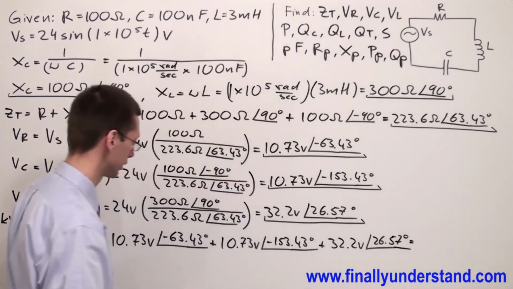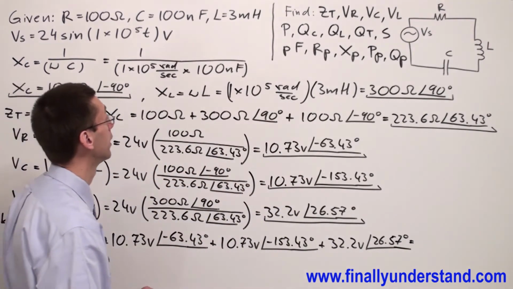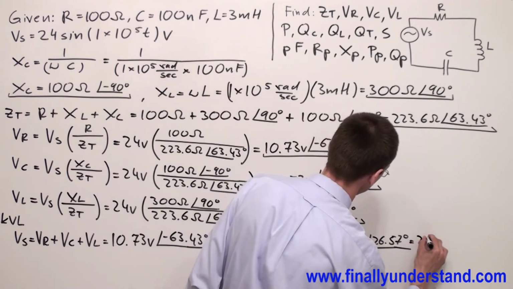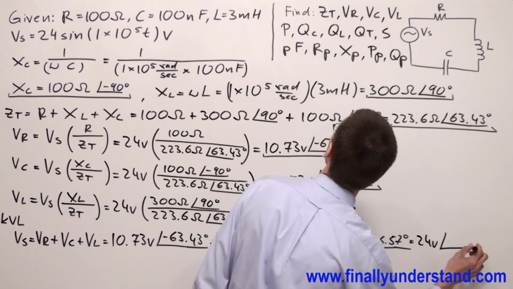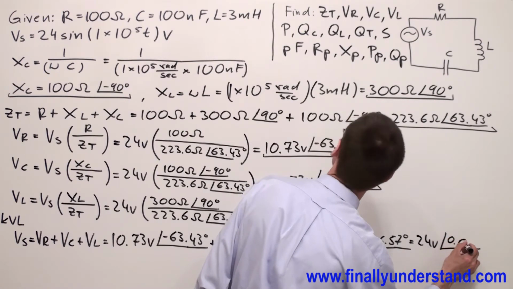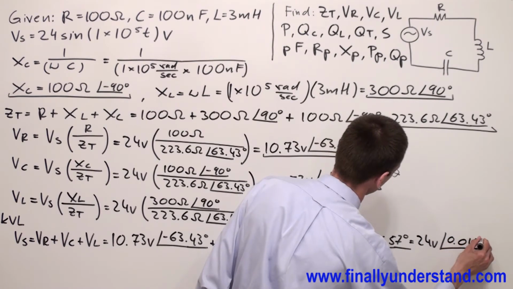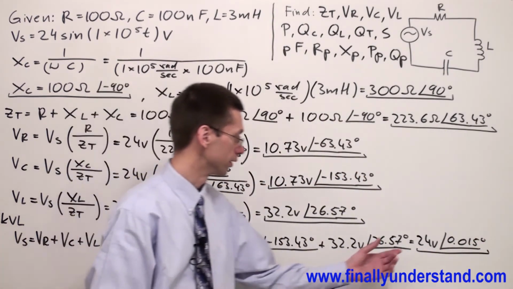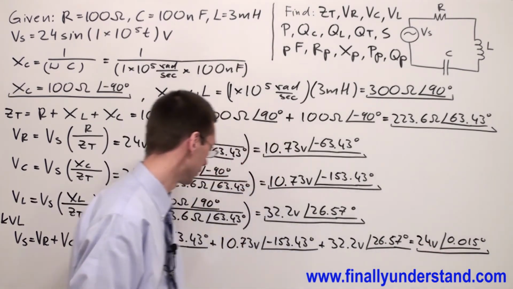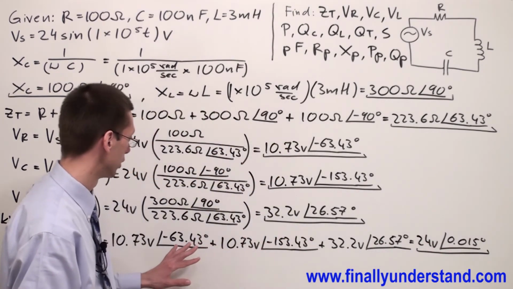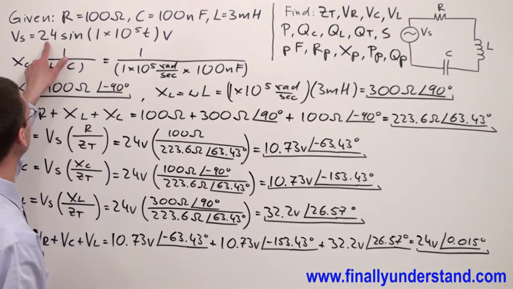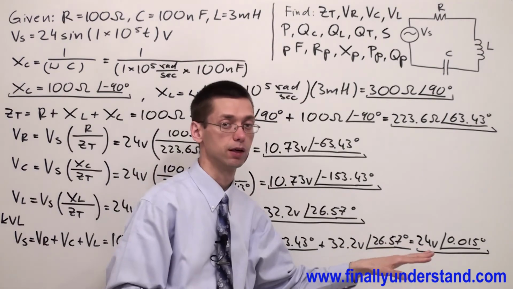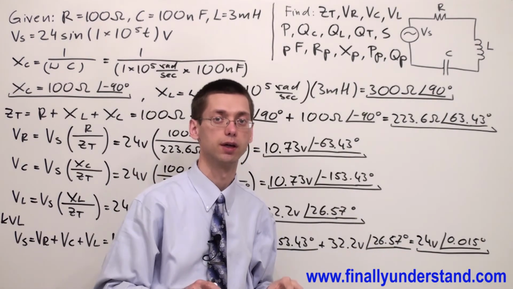Okay, supposed to add all these voltages together, and I got the value 24 volts and angle of 0.015 degrees. So now you're supposed to compare this value of voltage source obtained from the addition with the given voltage source. We got 24 volts and angle of 0 degrees, so we can say that our calculations up to this moment are okay.